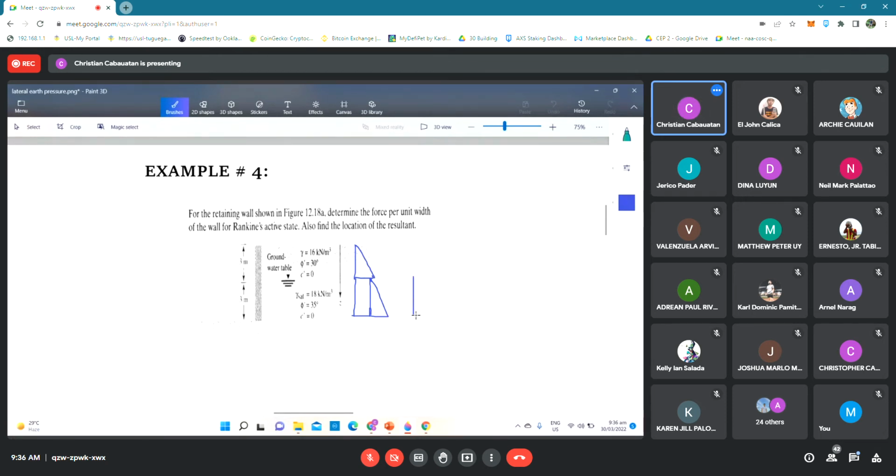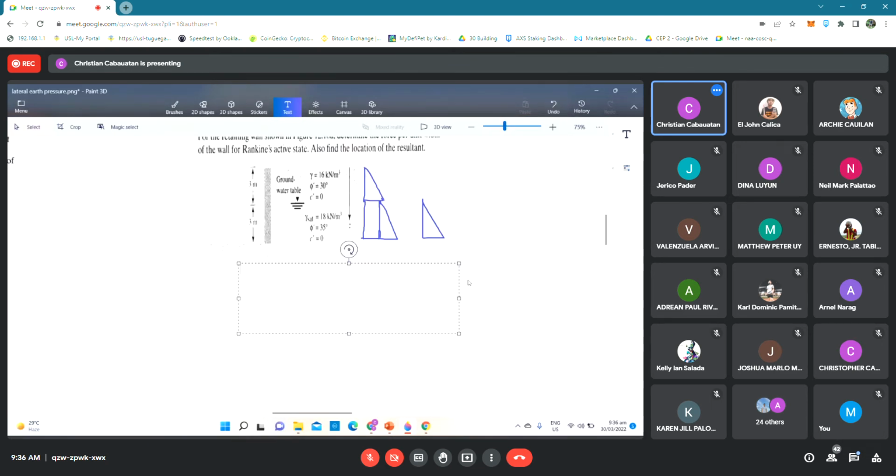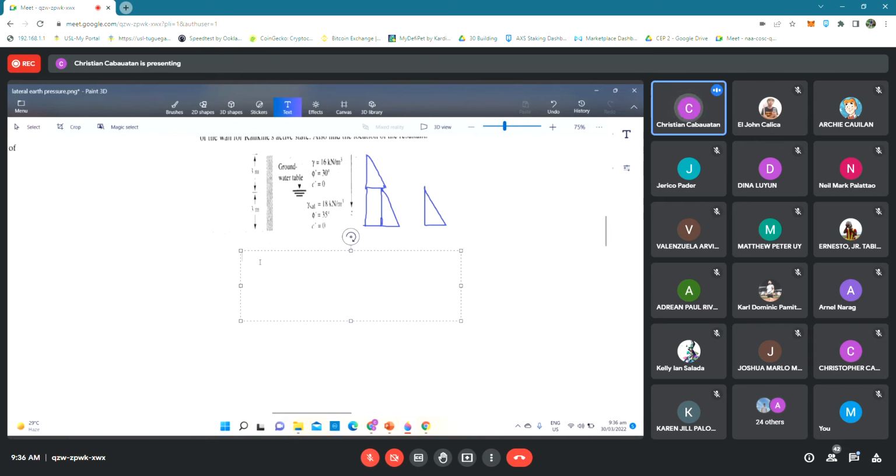Okay, separate your groundwater. So it is in active pressure.